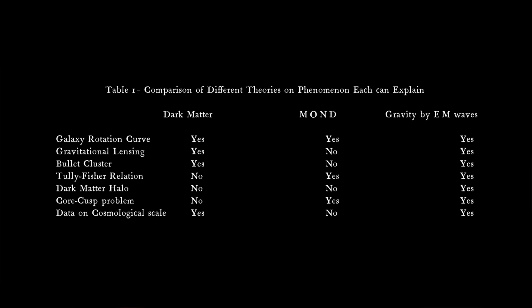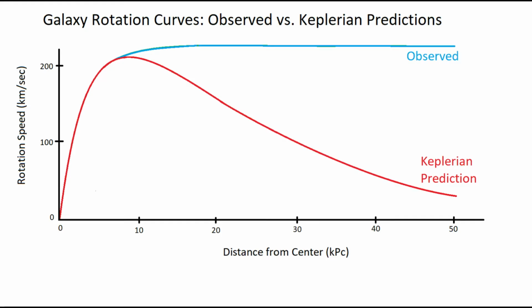This table shows a comparison of different theories on phenomenon each can explain. The following is a brief comparison of the dark matter particle, MOND, and gravity from EM Waves theories using the cosmological observations and phenomena in the table. Galaxy rotation curve.